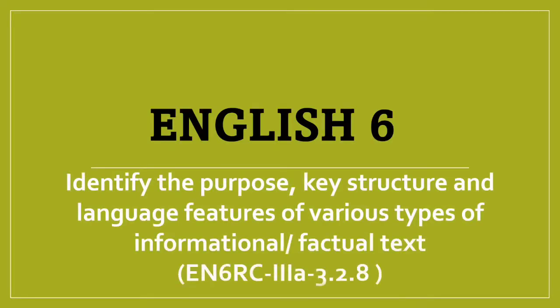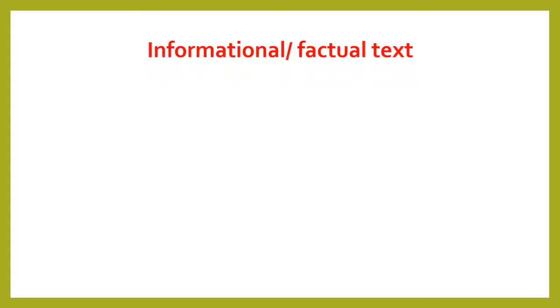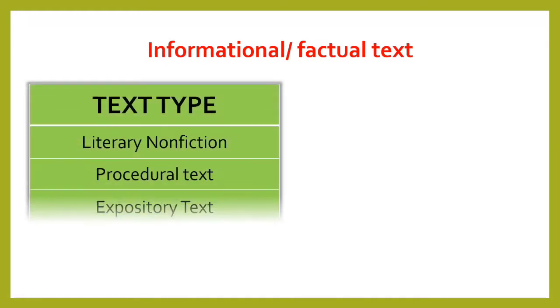Hello world! In this video, you will be able to identify the purpose, case structure, and language features of various types of informational or factual text. There are different informational and factual text types.